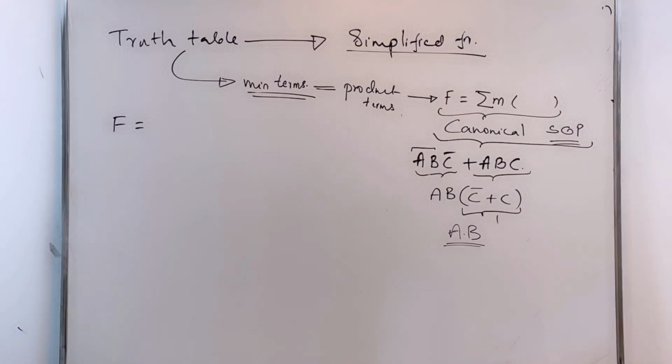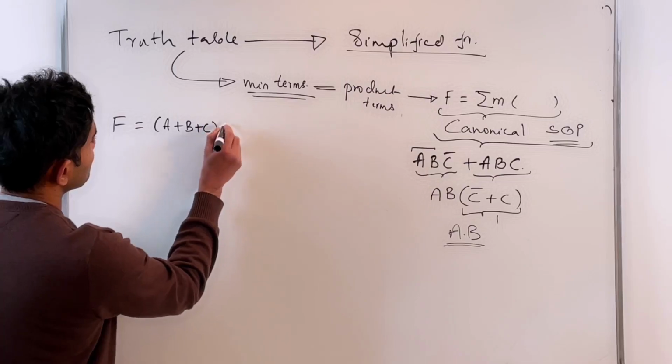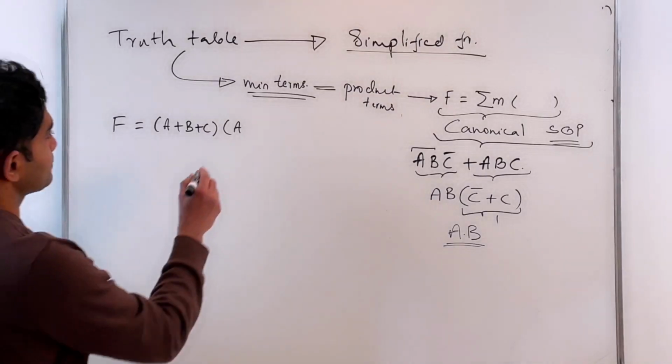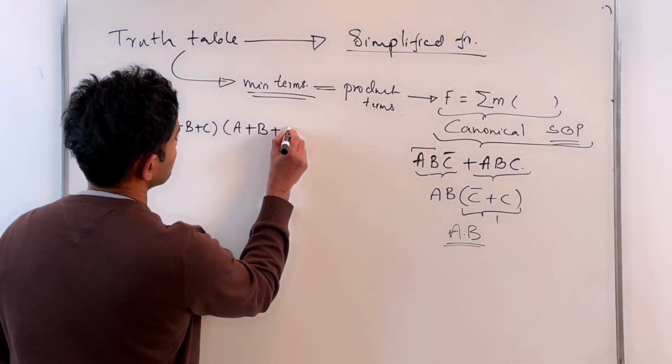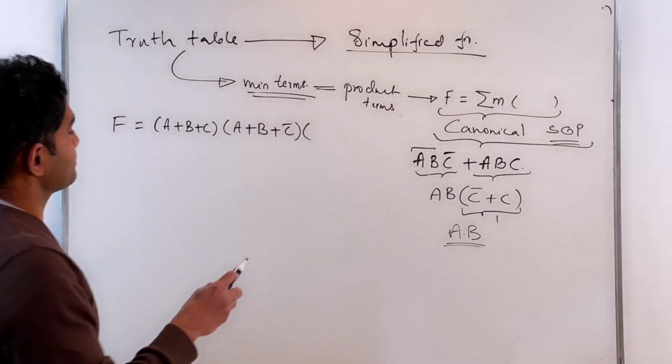Let me see if I have that written down. So that was A plus B plus C times A plus B plus C prime times A plus B prime plus C prime.